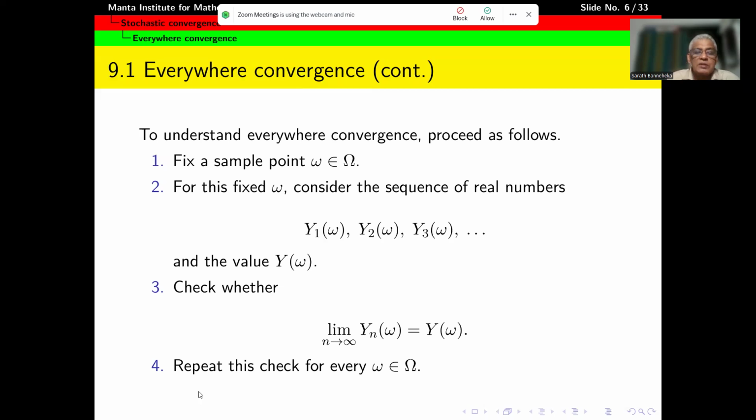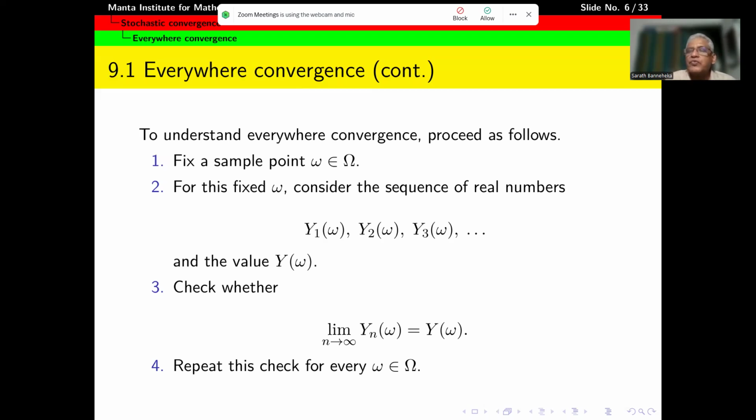If that is so, then put that omega into set A, include that in A. Take another simple omega, and consider this corresponding sequence, y1 omega for that omega, y2 omega for that omega, y3 omega for that omega, and y omega for that omega. And if the new yn omega sequence converges to y omega, then put that omega into set A. So do that again and again and again for all omegas in the sample space.